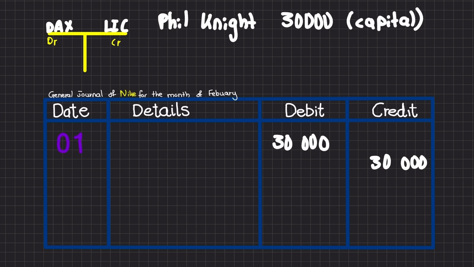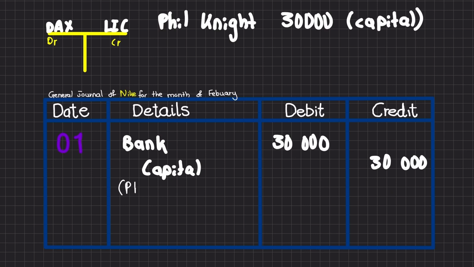So if he's contributing 30,000, our bank account of Nike is going to increase by 30,000 because that's an asset. So it's on the debit side because of DAX, and on the credit side because it's capital, the C in LIC, we're going to have capital over here, and that's going to be 30,000. And then we have to put information about the transaction.